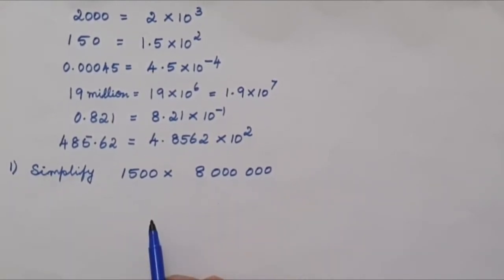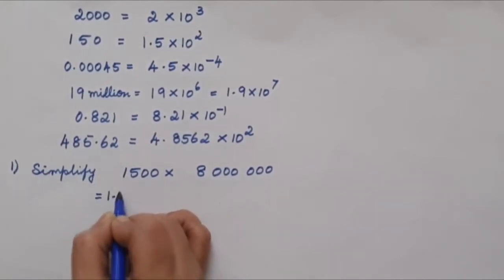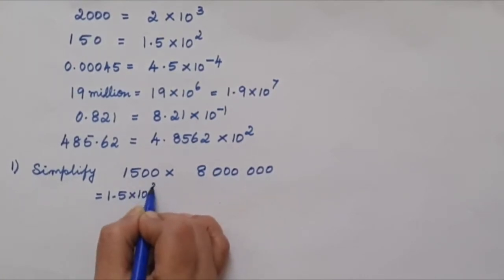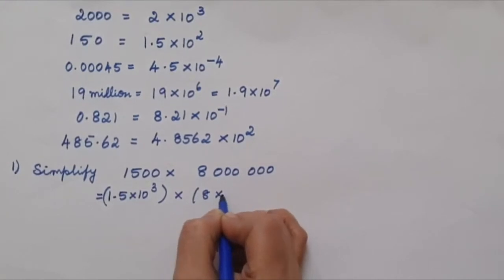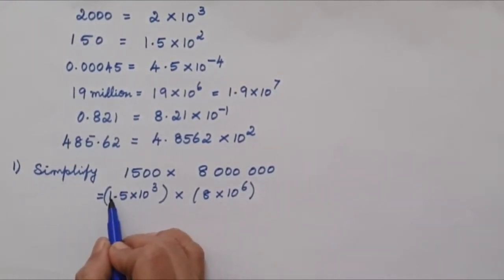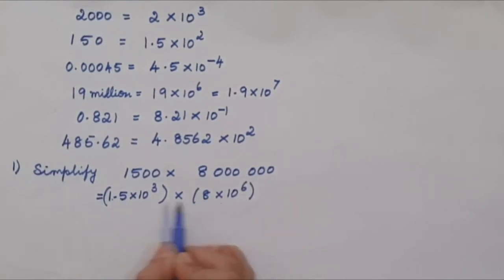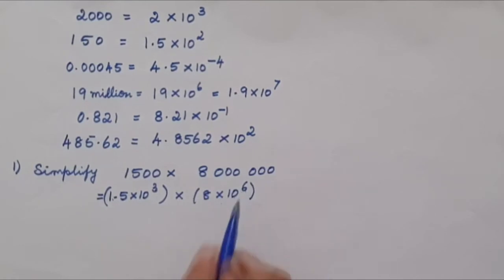In order to simplify this, first it is easy for us to write these numbers in standard form. So when we write it, it is 1.5 into 10 to the power of 3, multiplied by 8 into 10 to the power of 6. To multiply, you can just multiply 1.5 and 8. And when you multiply numbers with the same base, we add the powers.